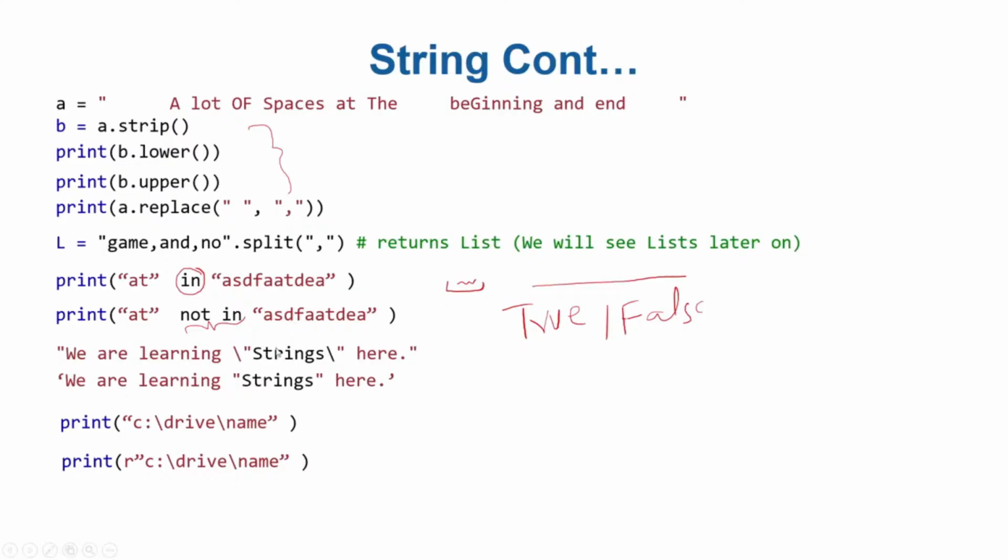One more thing that I want to talk about: what if your goal is to print the following? Let's say you want to print: we are learning string here, and you want the string to appear in double quotes.